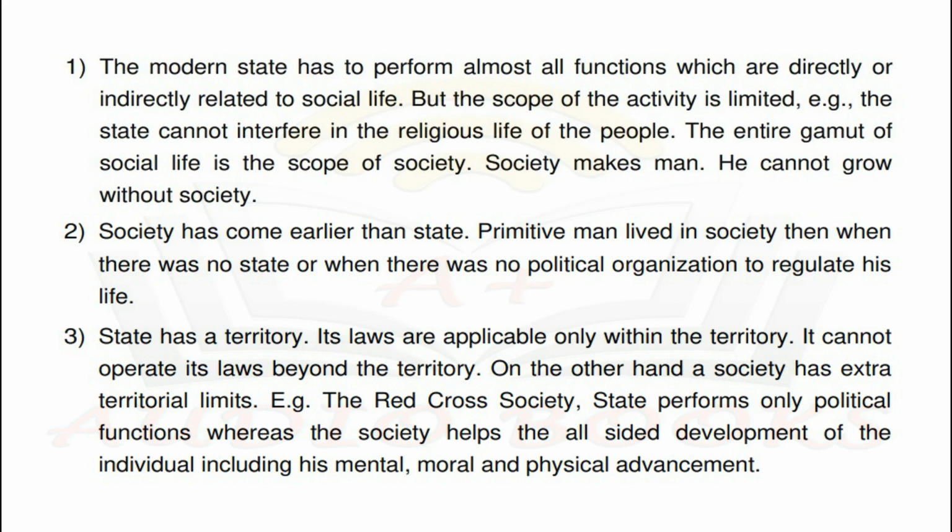It cannot operate its laws beyond the territory. On the other hand, a society has extraterritorial limits, for example, the Red Cross Society. The state performs only political functions, whereas society helps the all-sided development of the individual, including his mental, moral and physical advancement.